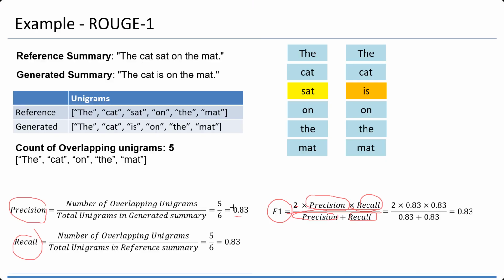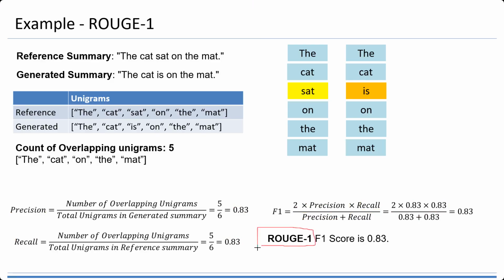So you can just put the value 0.83 for the precision, 0.83 for the recall, and then precision plus recall is 0.83 plus 0.83. The F1 score result is 0.83. Then we can say that the ROUGE-1 F1 score is 0.83. So this is for ROUGE.